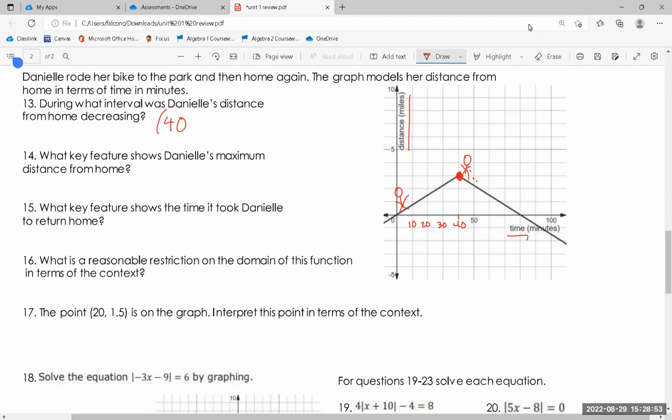Now, this function is graphed for every x and y. But if we want to think about this in the context of our problem, looking at the part where the graph crosses the x-axis, it doesn't make sense to have this part of the graph, because y is distance, and it doesn't make sense to have negative distance. So this part of the graph is restricted.